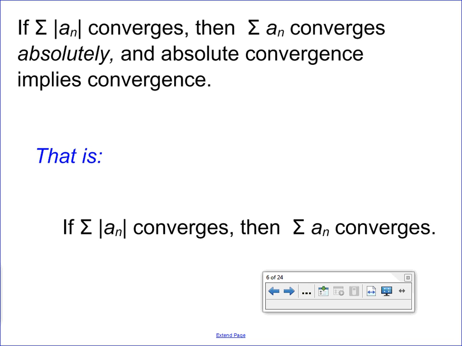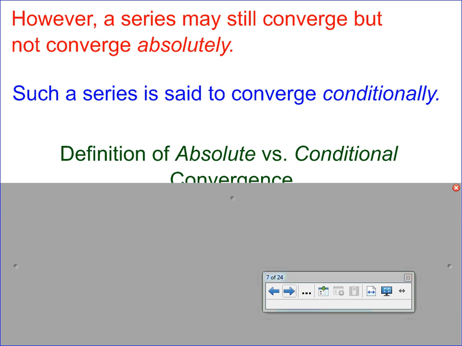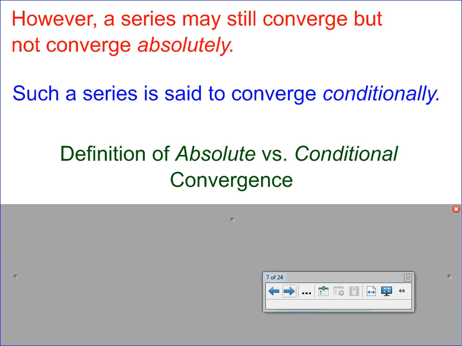Absolute convergence guarantees convergence. And so if the sum of the absolute value of the terms converges, then the original series converges as well. However, a series may still converge, just not converge absolutely. Such a series is said to converge conditionally. The definition of absolute versus conditional convergence is as follows.